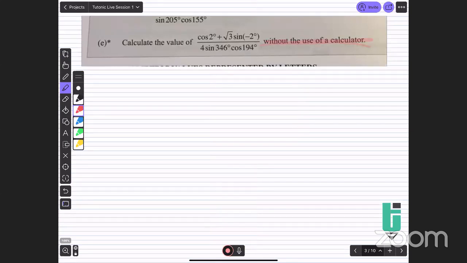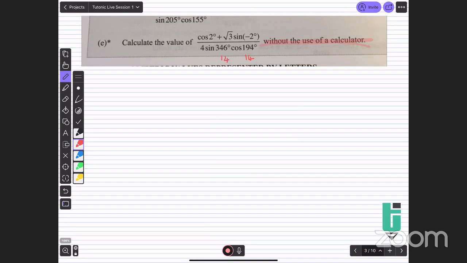So if I look at it, 346 is 14 away from 360, and 194 is 14 away from 180.